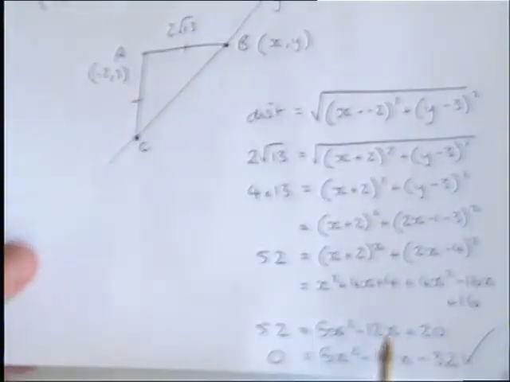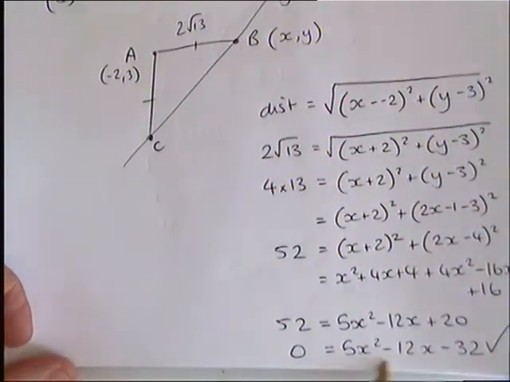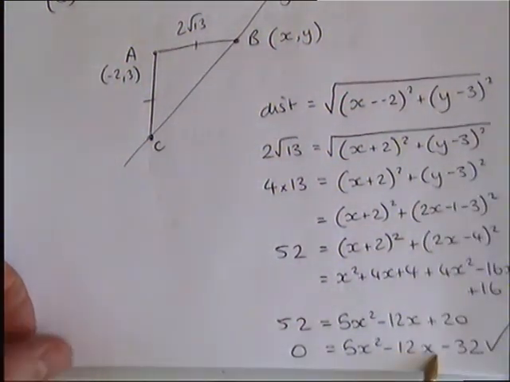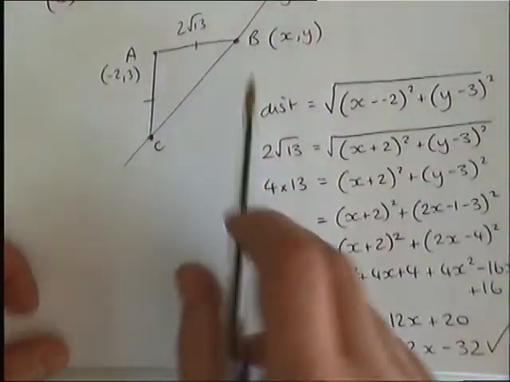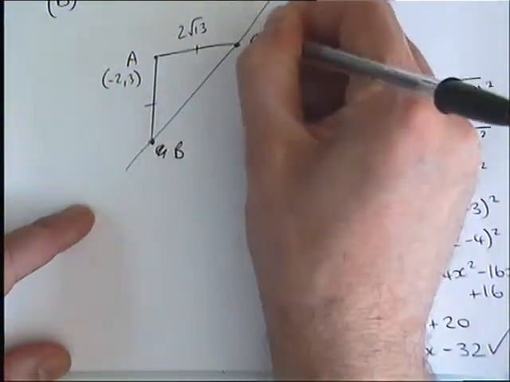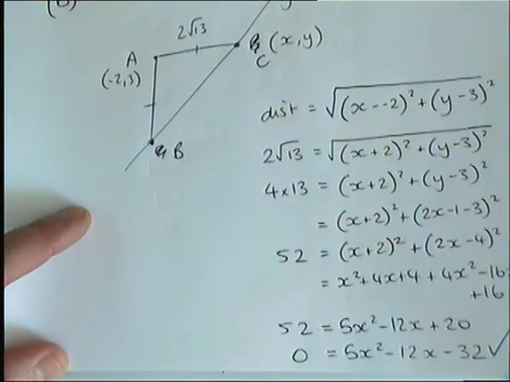Well, I know that the x coordinate of B is going to be one of the solutions of this equation. There's going to be two solutions to this equation. One will give us B, and one will give us coordinate C.